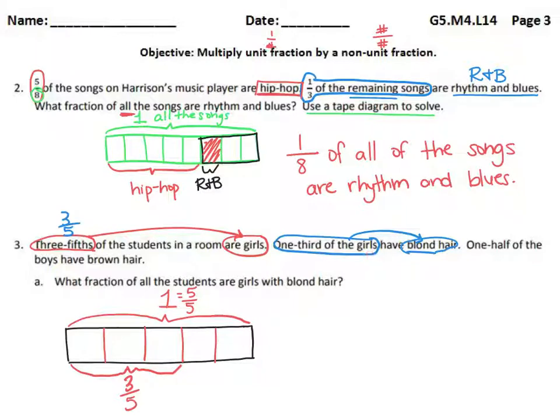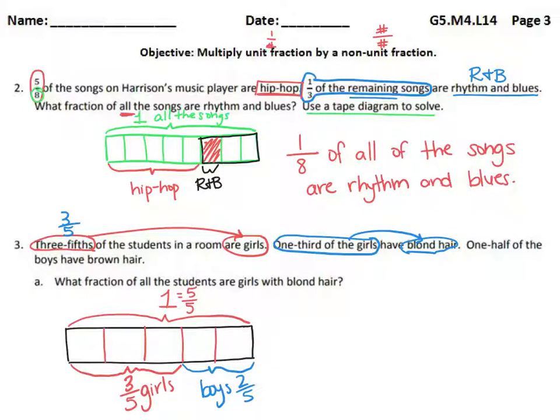1/3 of the girls have blonde hair. So if this is girls, I forgot to write girls. That means this part is what? Boys. 2/5 are boys.